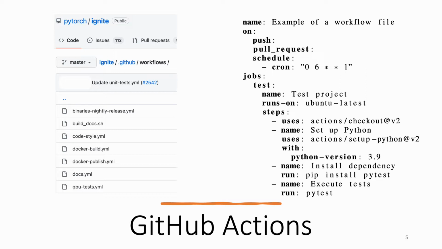And after that, you create your jobs. You can have one or more jobs, and each of these jobs can have a name, and these jobs would have steps. Steps can be known with uses or run.